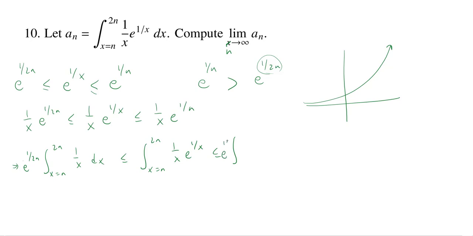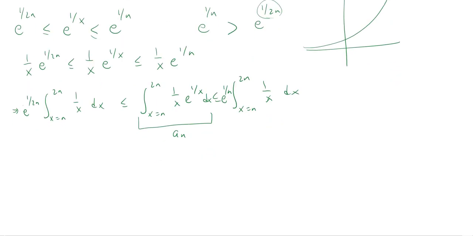Again, I'll pull out e to the 1 over n, times the integral from n to 2n of 1 over x. Whoops, we forgot our dx's here. Okay, so we're trying to understand this quantity, that's a sub n, but we've now put an upper and a lower bound on it.